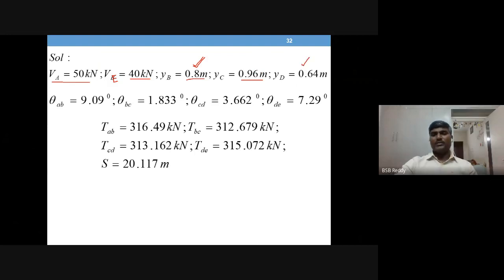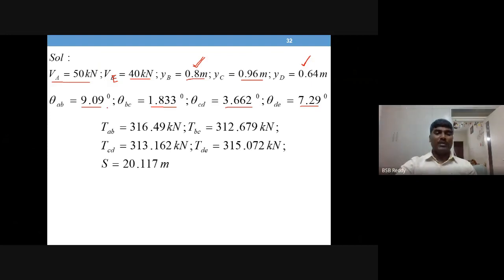At D it is 0.64 meters. And theta AB 9.09 degrees, theta BC 1.833 degrees, CD 3.662 degrees, and 7.29 degrees for the last segment. These are all the angles that the cable segments are making with the horizontal line.